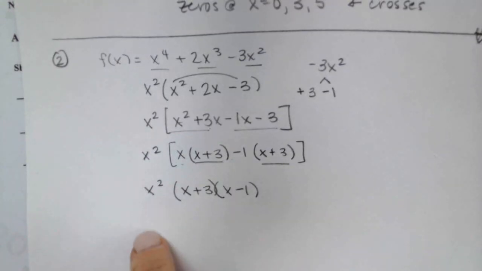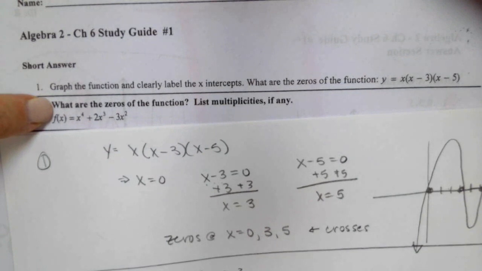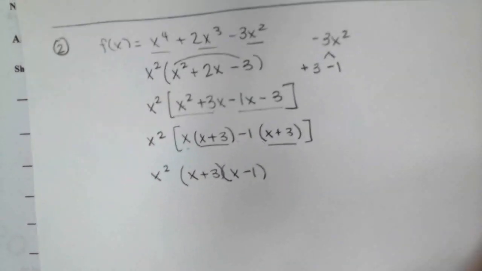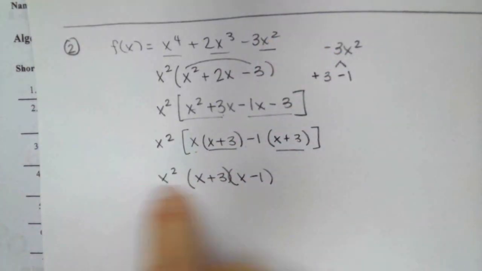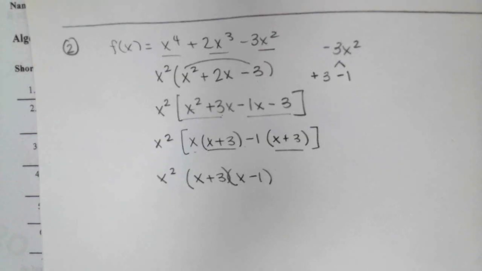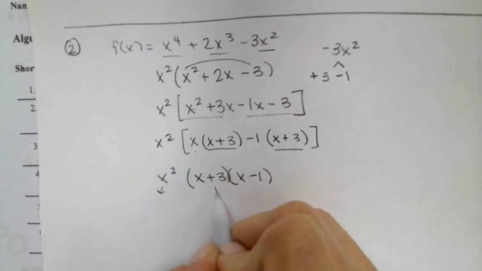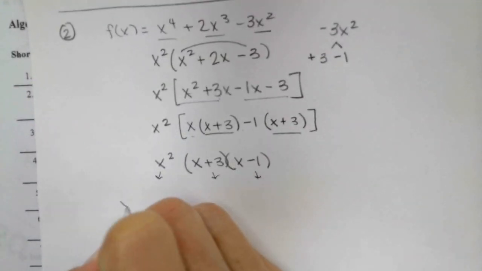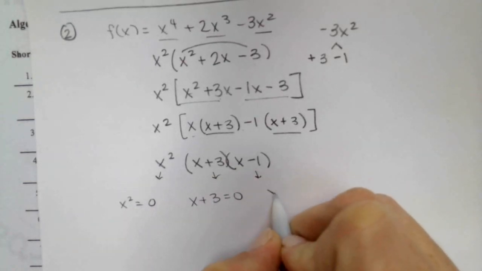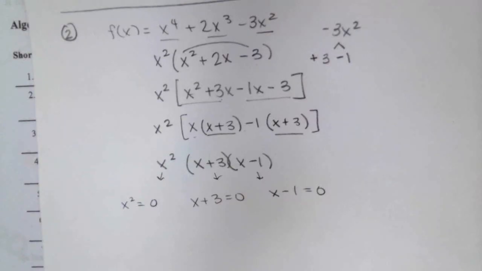Okay, now that we have this part figured out, we have to go and state the zeros and list the multiplicities. Okay, so we have to go through all of this to get to this before we can actually answer the question that we need to answer. So we set each of these equal to 0. You have x squared equal to 0, x plus 3 equals 0, and x minus 1 equals 0.